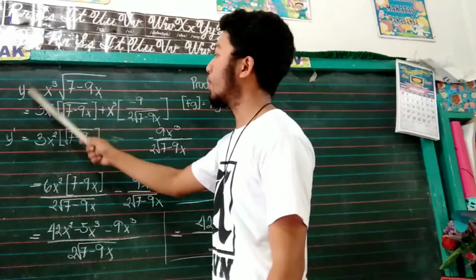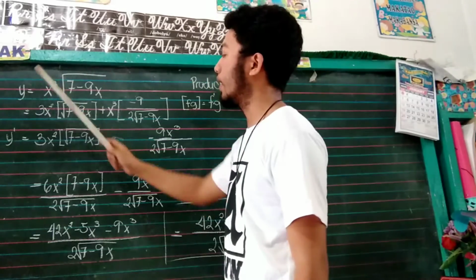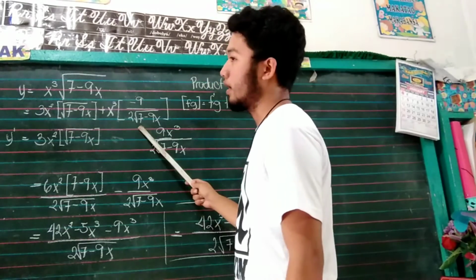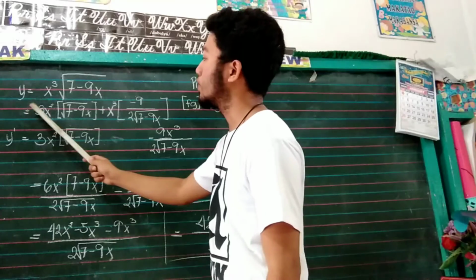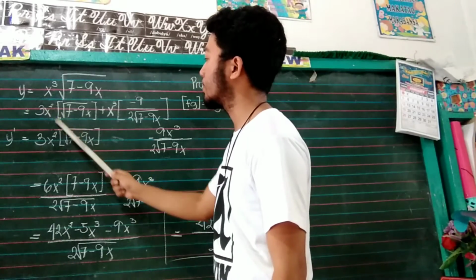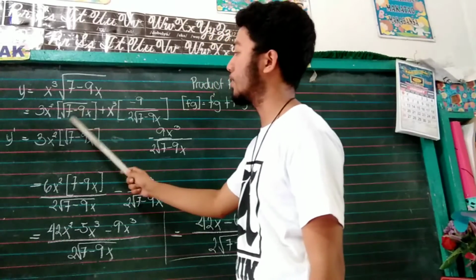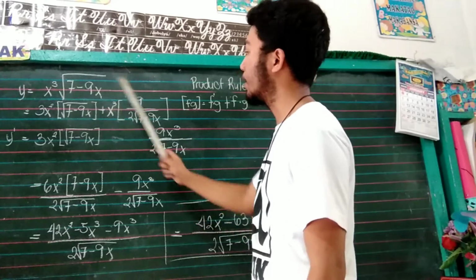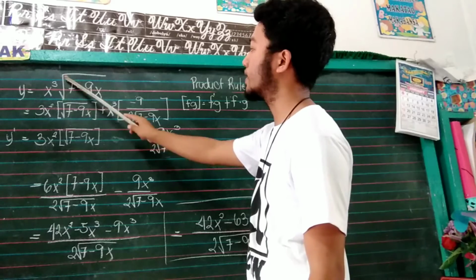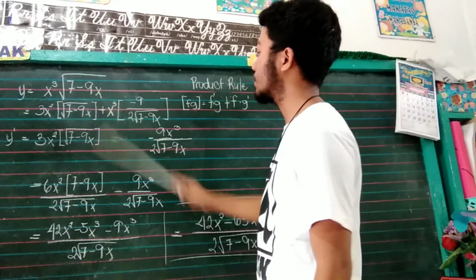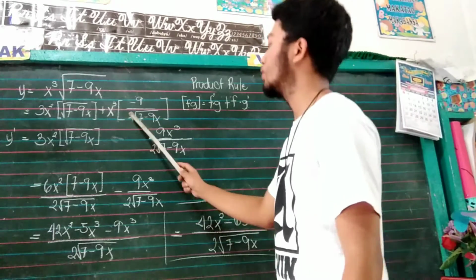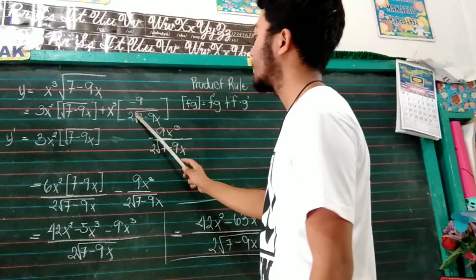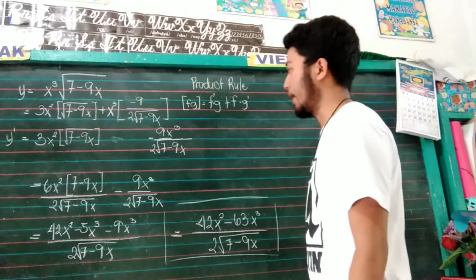So by using the product rule, we can arrive in this equation. So 3x squared times the square root of 7 minus 9x plus x cubed times the derivative of the square root of 7 minus 9x, which is negative 9 over 2 times the square root of 7 minus 9x.